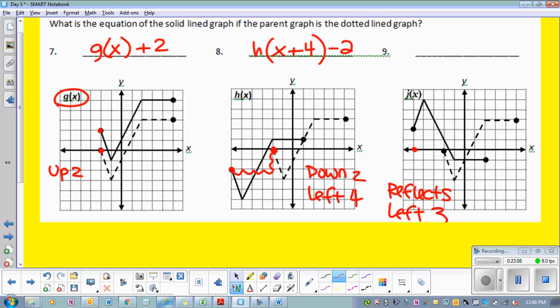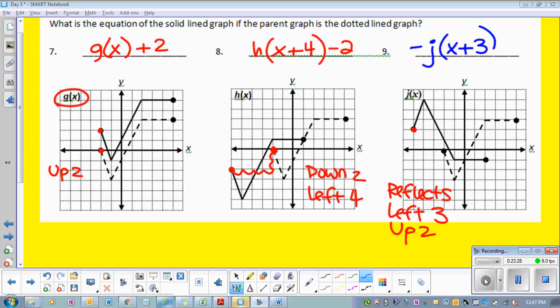Left 3. And then up 2. Okay. You guys try this. Write the equation for j of x, please. Yes? Good. Good. Okay. If you have any questions about this, please raise your hand, okay?